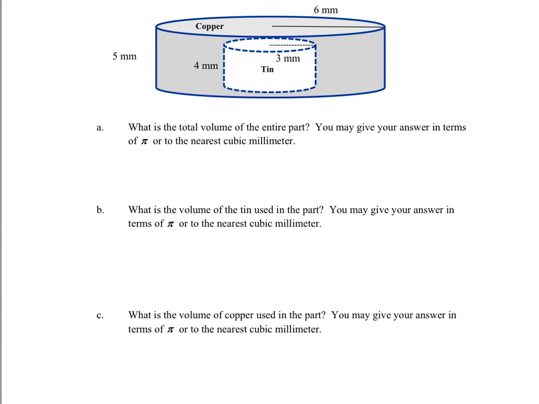So I'm going to take the volume of the cylinder, which is the area of the base times the height. The area of the base, it's a circle, so pi r squared times height. So pi times my radius of 6 millimeters squared times my height of 5 millimeters.